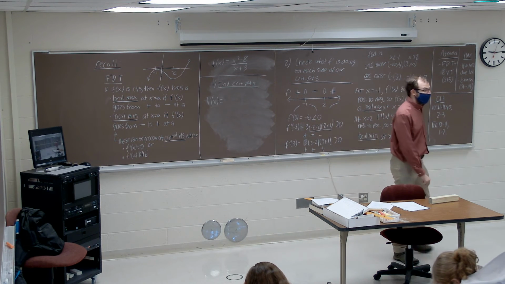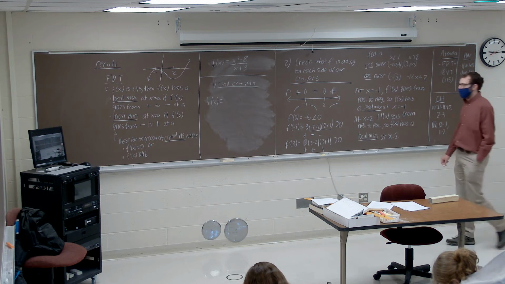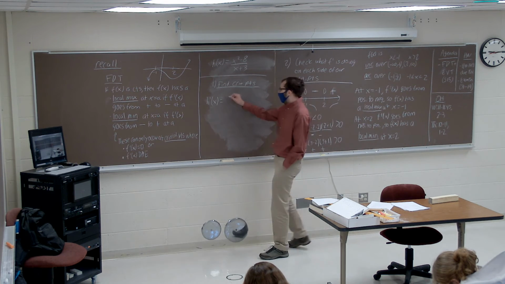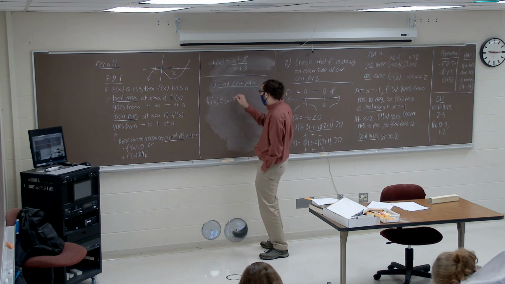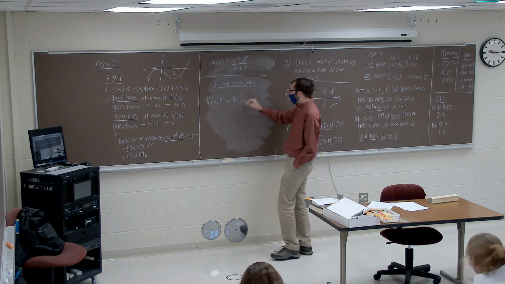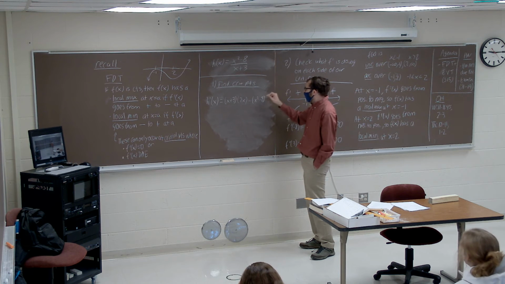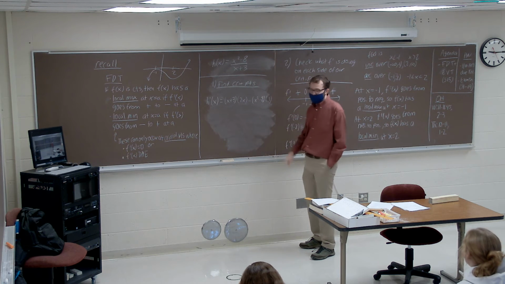Alan, what rule do you think we're going to need to use in order to differentiate? The quotient. Sounds like a quotient, looks like quotient rule to me. So we can do our whole low d high, derivative of x squared minus 8 is 2x, minus high d low, derivative of x plus 3 is just 1.